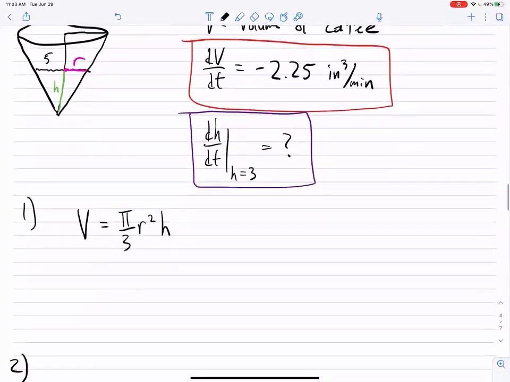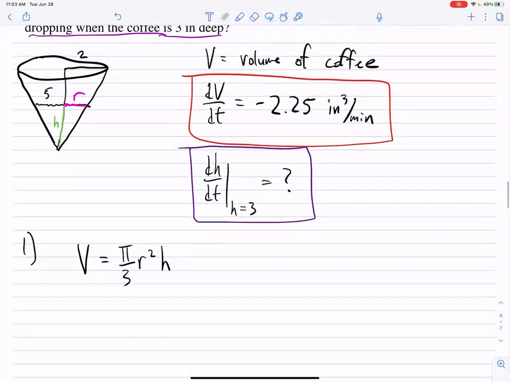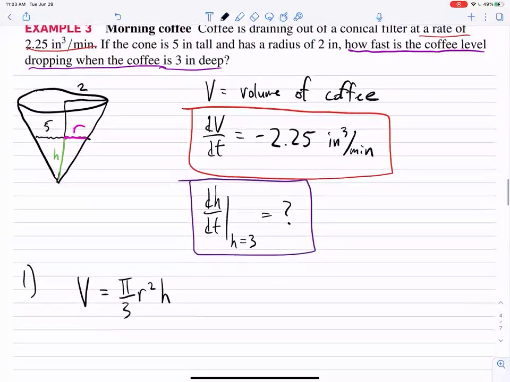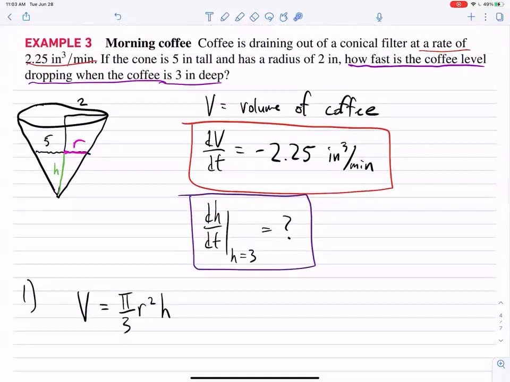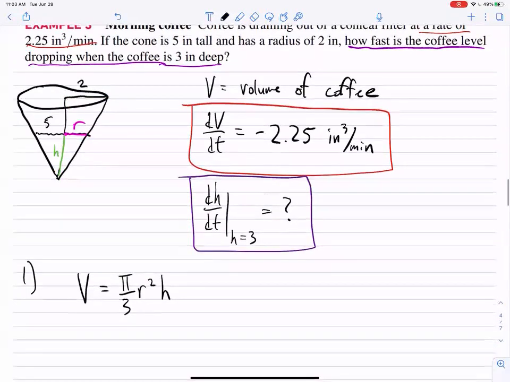That's the volume. And using that, we're going to need to know the relationship between r and h. That's the special thing about this. Because we have similar triangles here, we have this nice relationship between r and h, that r over h is equal to 2 over 5.